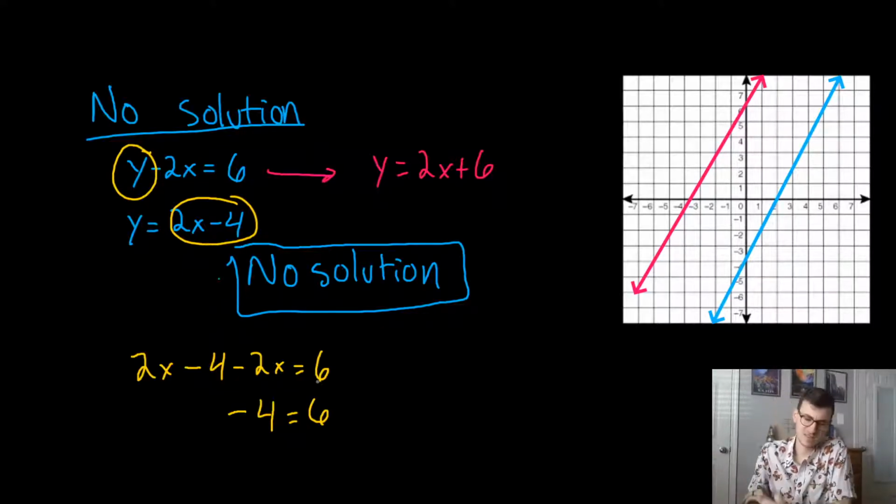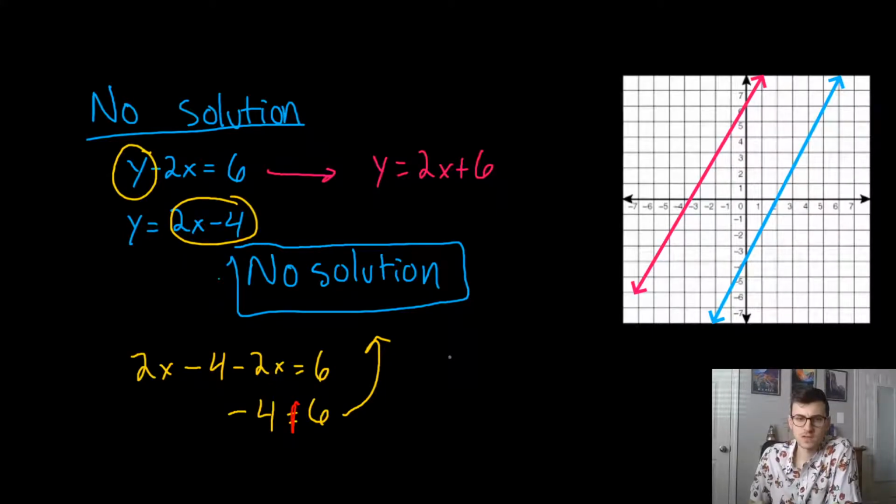No way, it does not. Therefore, there is no solution because we get an untrue equation. Negative 4 does not equal 6, so we'll fix that to the not equal sign. So that's when we have no solution: the lines are parallel.